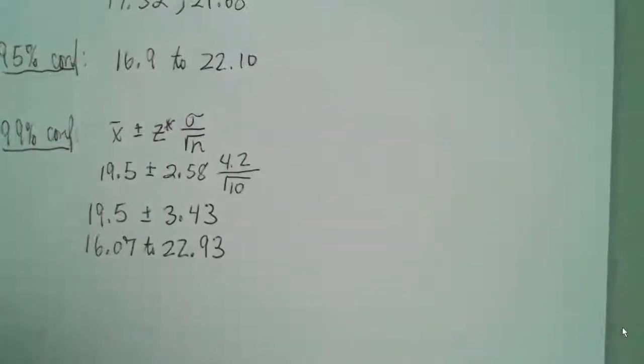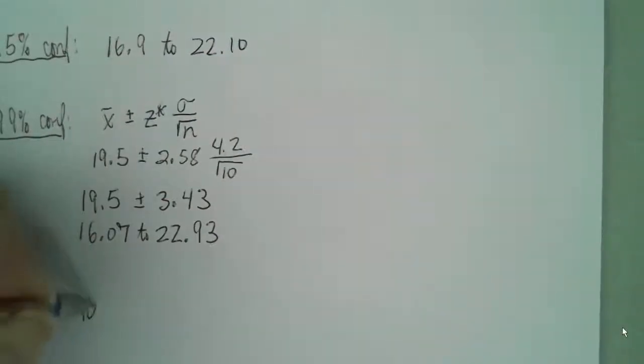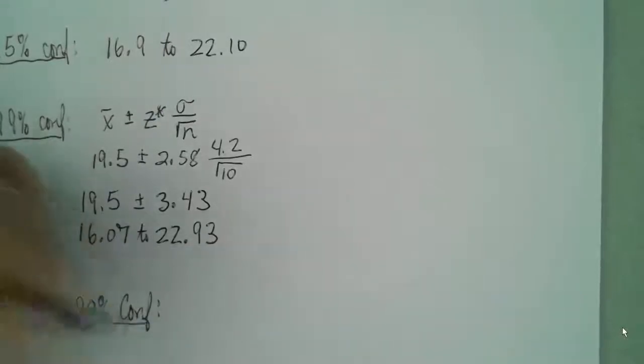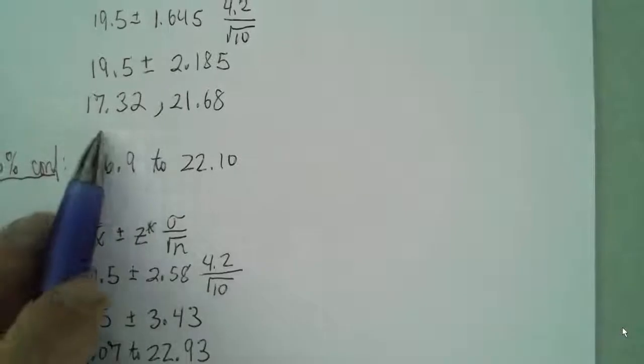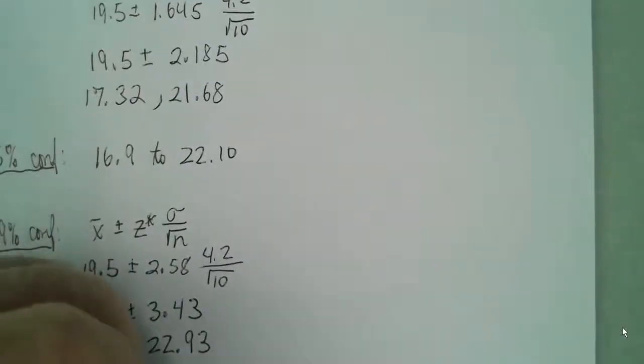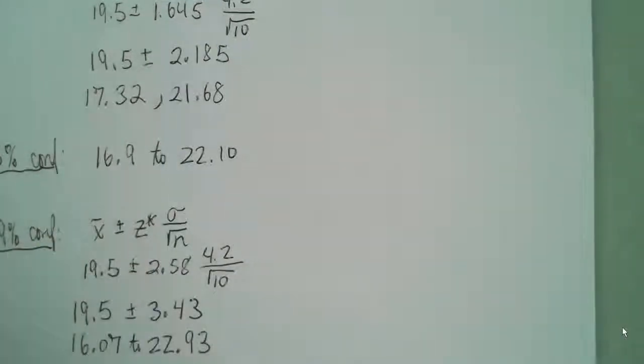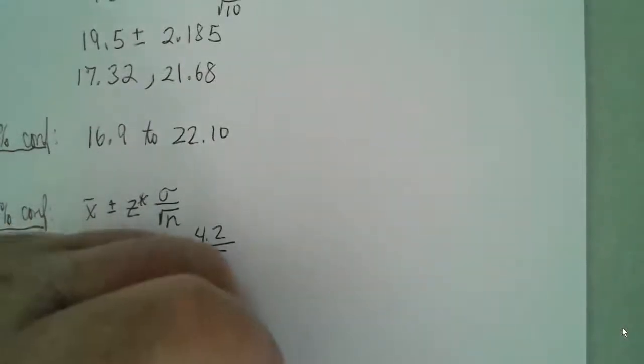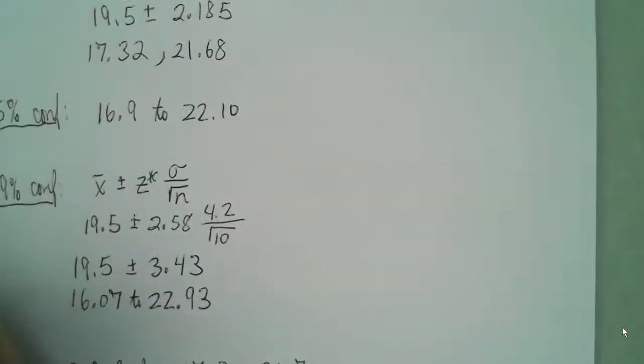Let's just line these up, shall we? 90% confidence. That gives us 17.3 to 21.7, and we'll try to make this simple so we can see what's going on. 95% confidence. So now we have higher confidence.